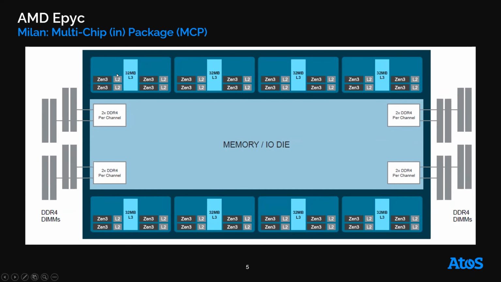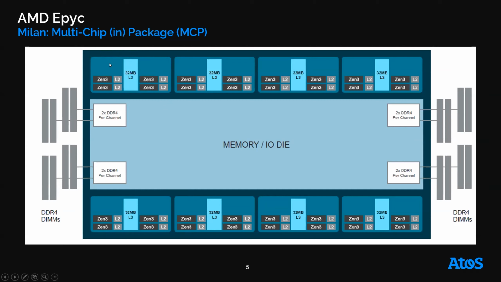Each core has a private L2 cache, and in this case 4 cores share one L3 cache of 32 megabytes. In the CPU that is built in Levante, there are 8 cores in such a small box.